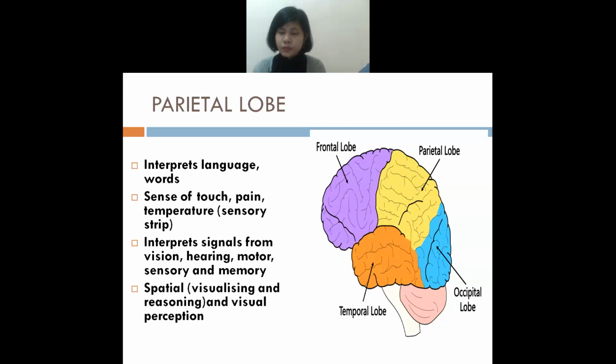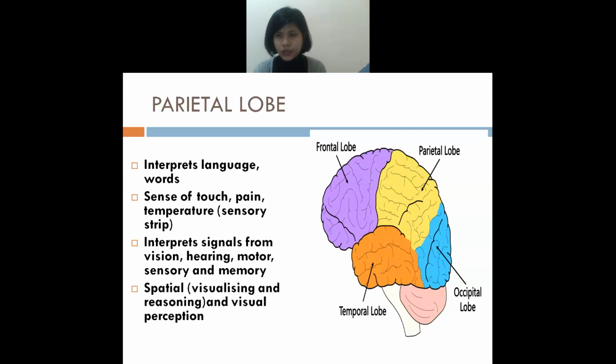So what does that mean? Interprets means your brain is automatically translating the language I'm speaking so that you'll be able to understand. But it doesn't mean that if I speak in some foreign language, for example Spanish or French, you will understand.